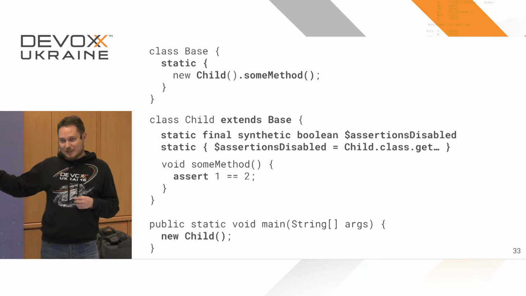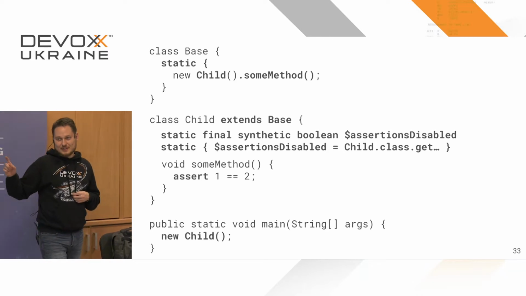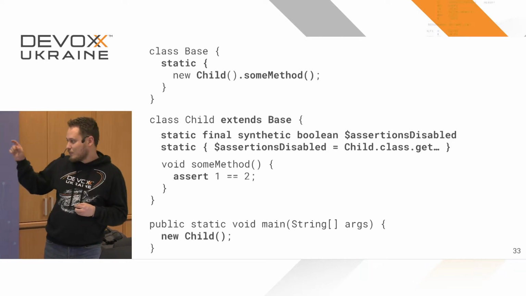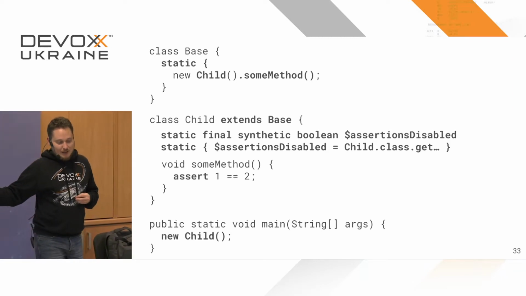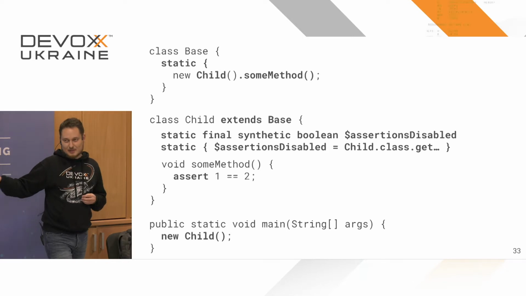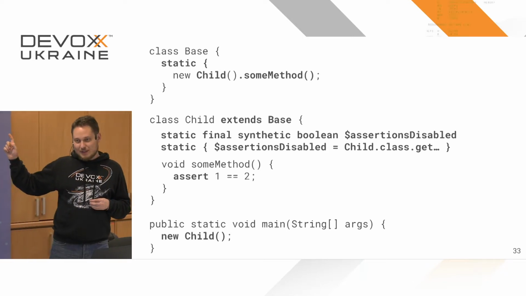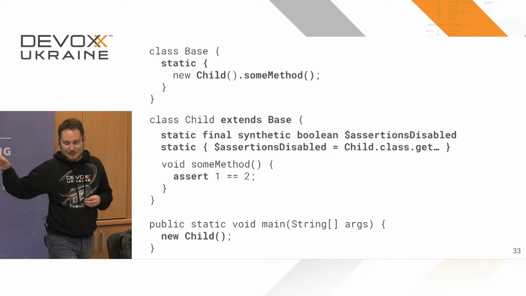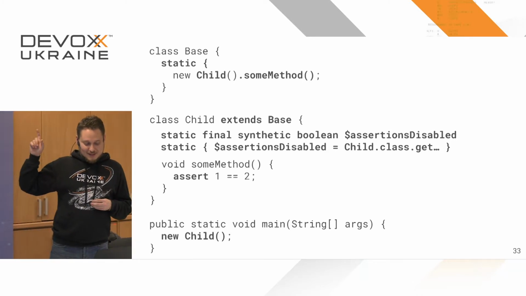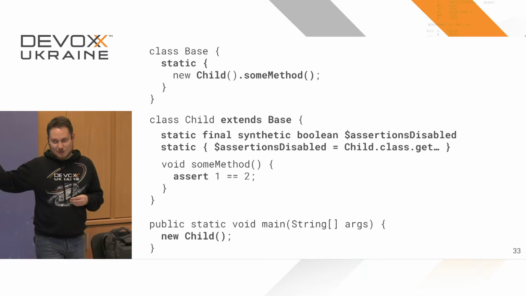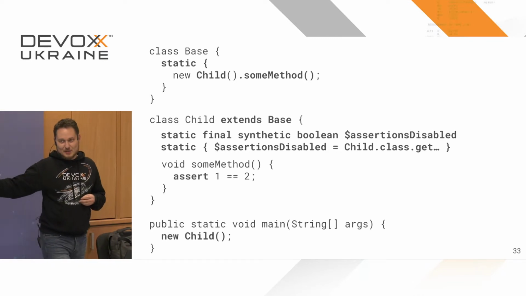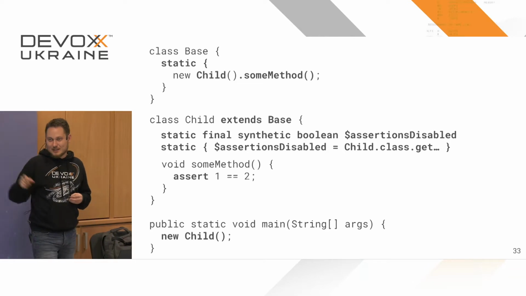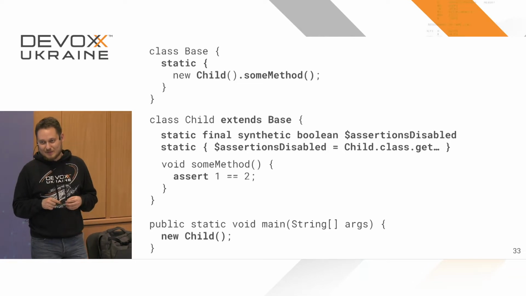The name of the field is assertions disabled, default false. At execution time, in order to create child, we first need to create its base. In order to create its base, we need to execute static initializer of the base. In order to execute static initializer of the base, we need to call some method. So we are going to execute some method far before the child class is actually initialized.